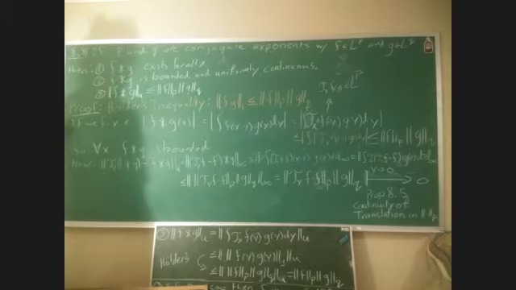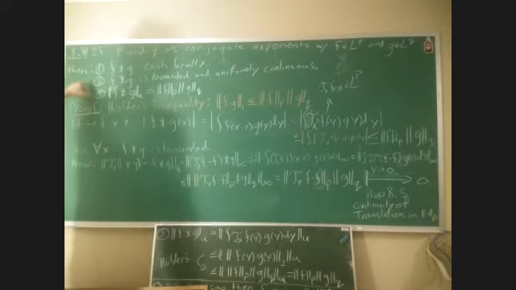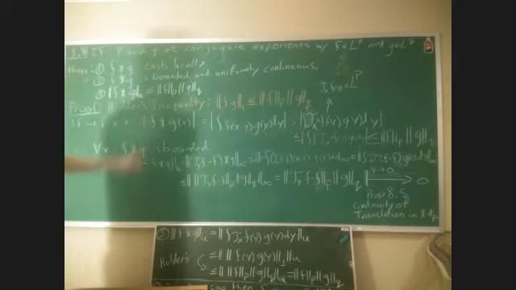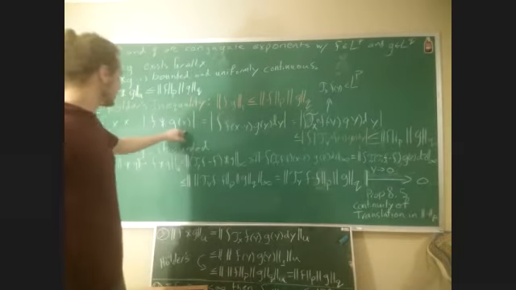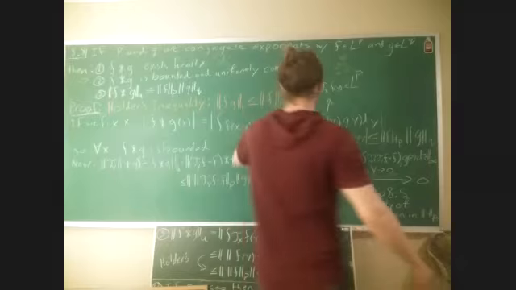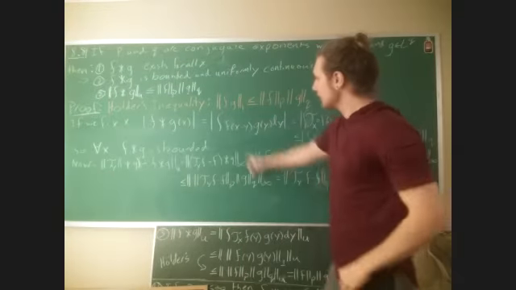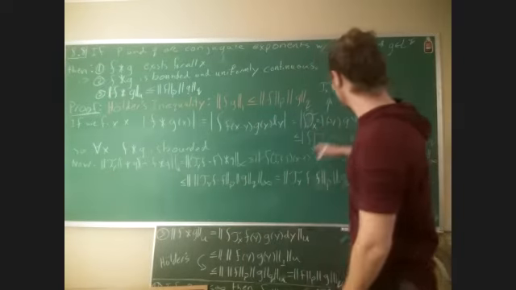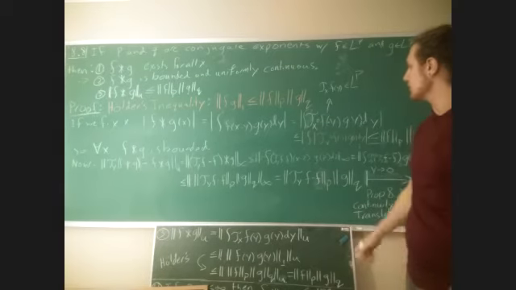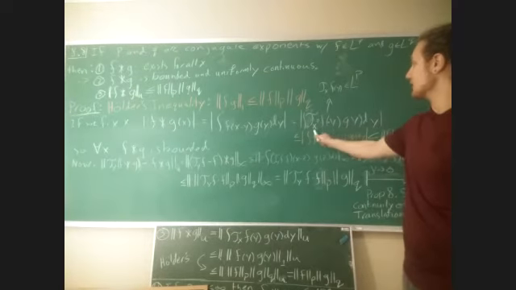If we fix any x, we're going to start with number 2. Then the absolute value of the convolution of f and g at x is this, by definition. However, here we can pull the x out by composing with the translation with respect to x.